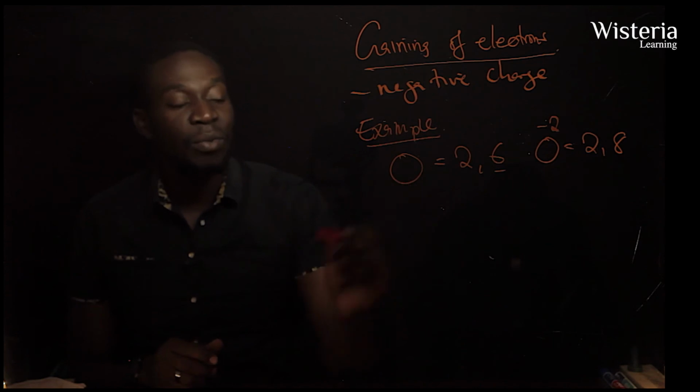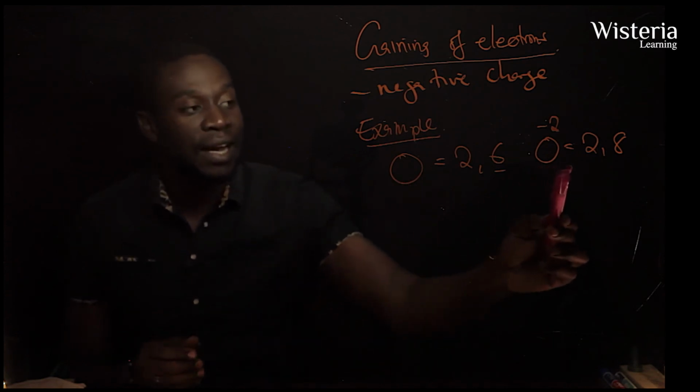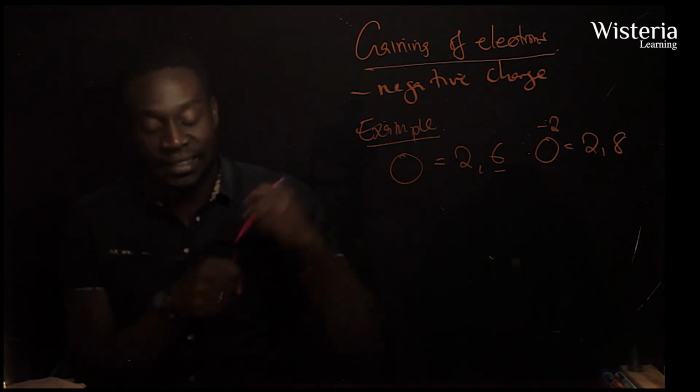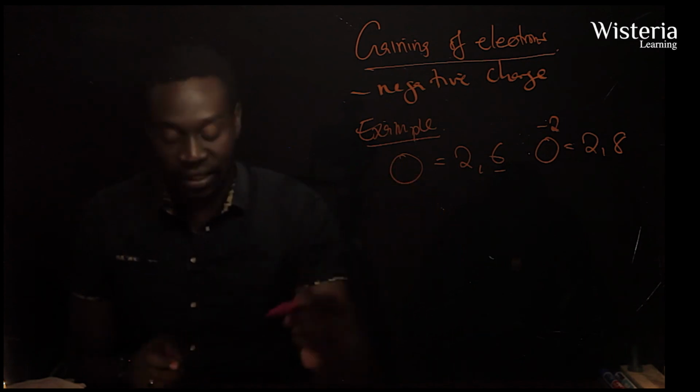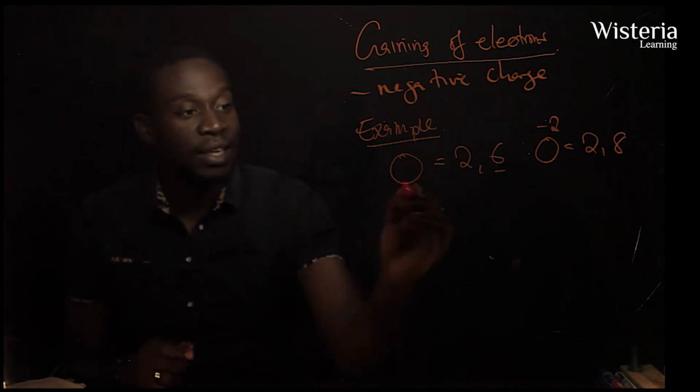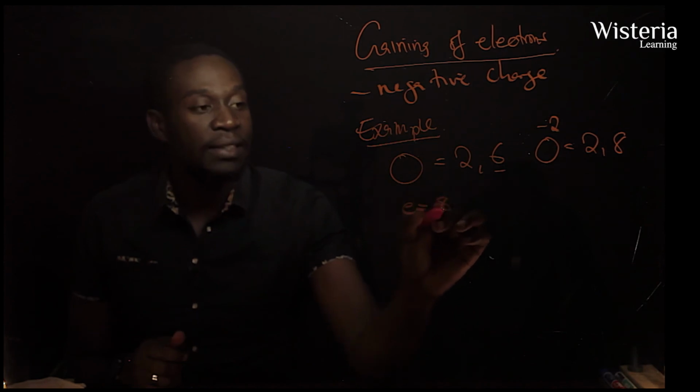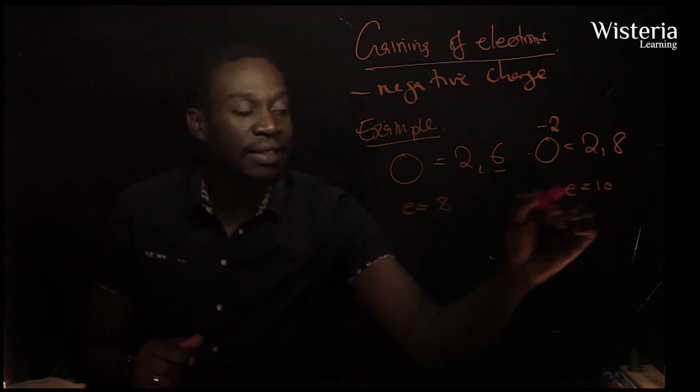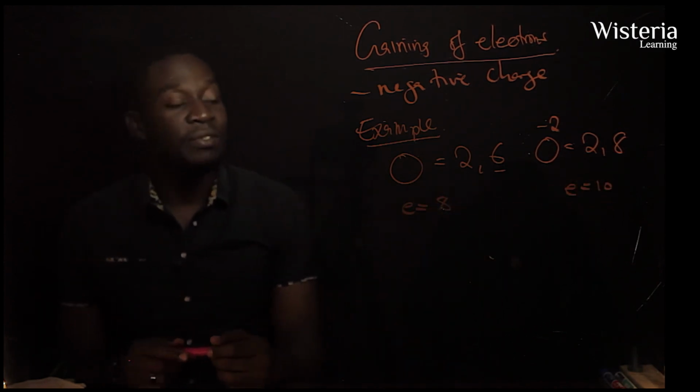So this is an atom of oxygen. This is an ion of oxygen. In this atom, oxygen has got 8 electrons, but in this ion, they are 10. So the number of electrons will be different as well.